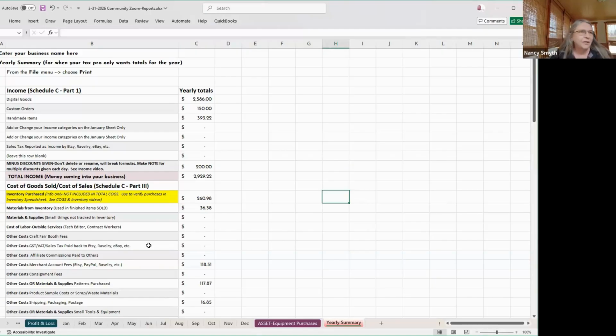Cash flow. Some people will tell you you need a cash flow report. A cash flow report for a handmade business is almost a waste of time because our income is so sporadic. We may have 3 or 4 months where we go and we do markets, and that's like 2/3 of our income for the year.